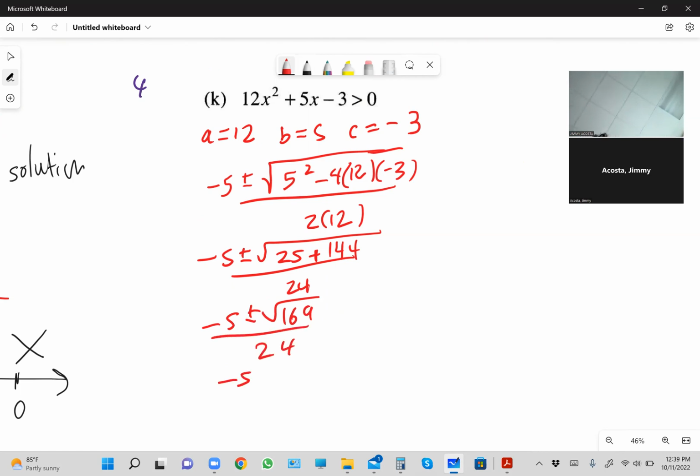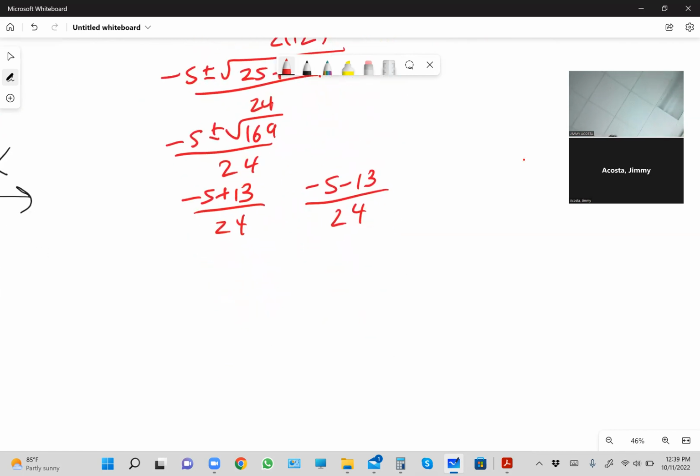So you have -5 plus 13 divided by 24, or -5 minus 13 divided by 24. And so you have 8 divided by 24, or -18 divided by 24.